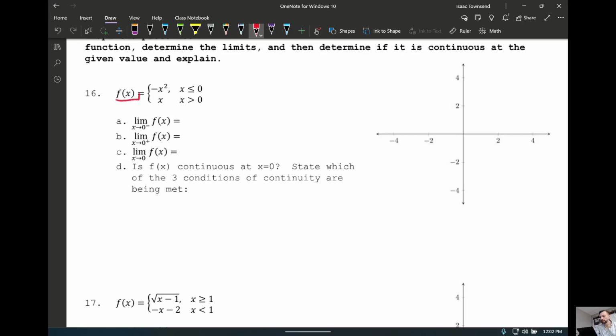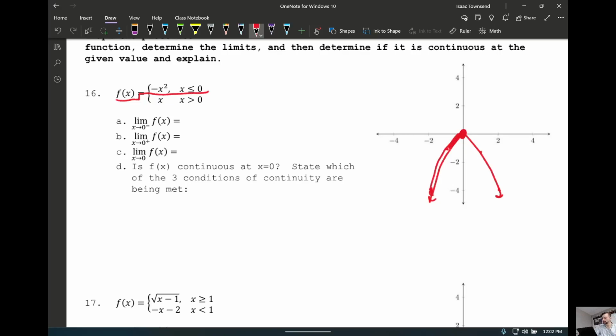But some of the time it's y equals negative x squared, but you've got to read the restriction. It's only negative x squared when x is equal to 0, which is the filled in circle, or less than 0.